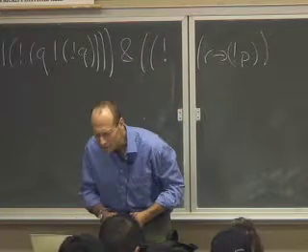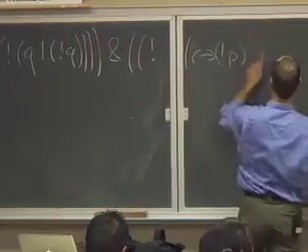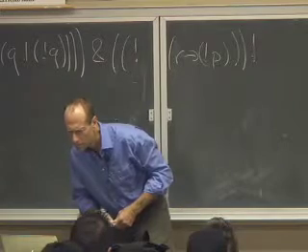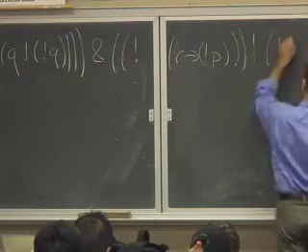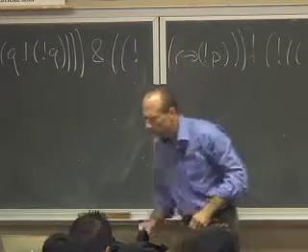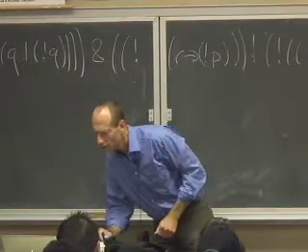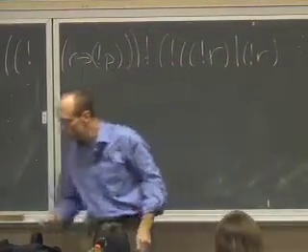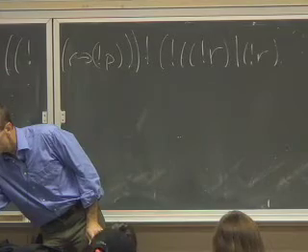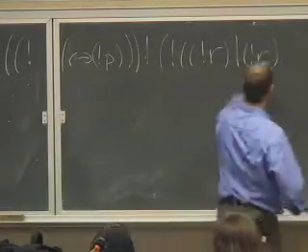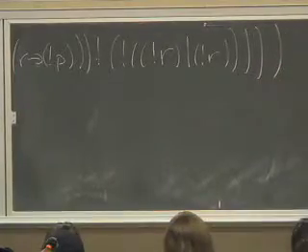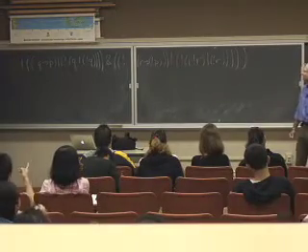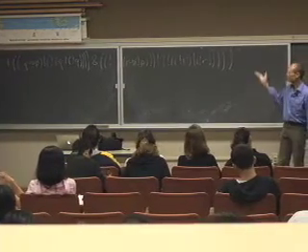Implies not P, or, open paren, not R, or not R, close. I don't even know if the parentheses balance. Can somebody tell me?